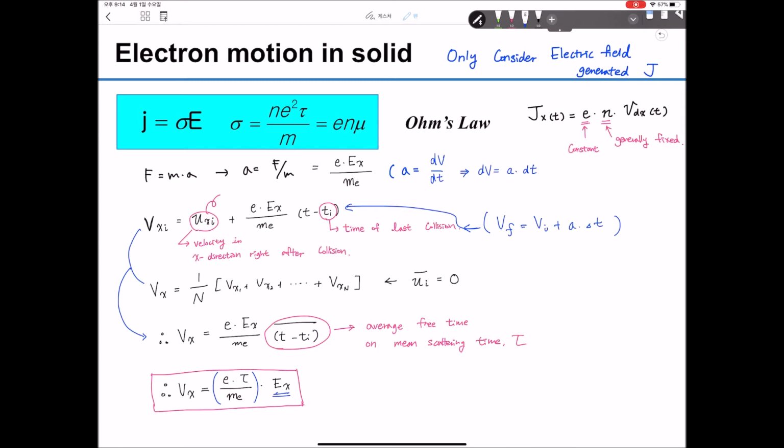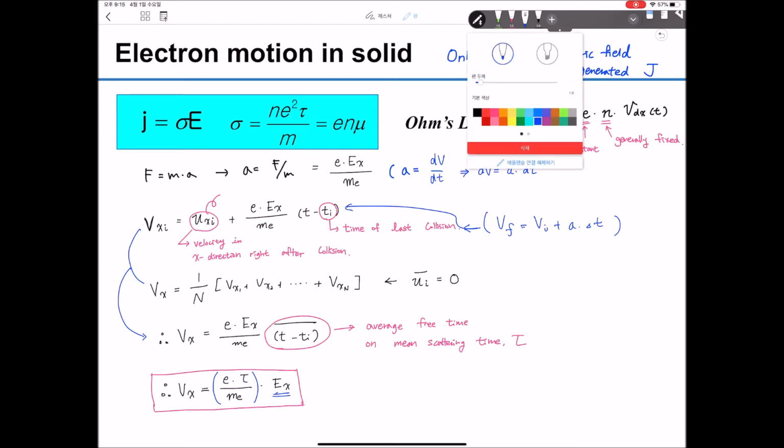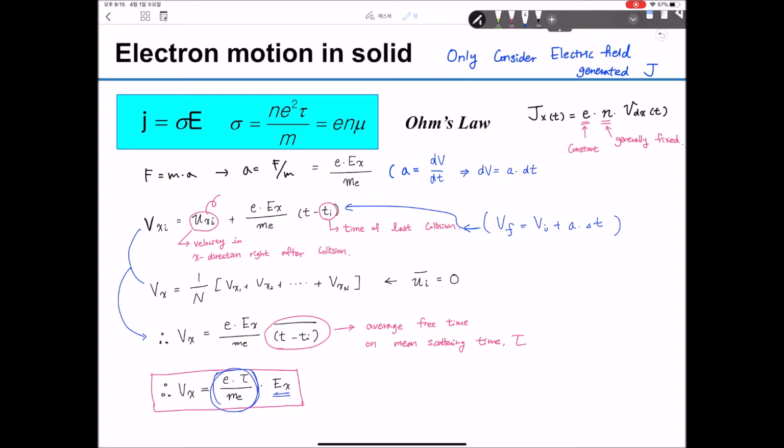So this term here can be written as mu d, which is E times tau over m_e, and people call this drift mobility, or the famous electron mobility, with the unit of centimeter squared over voltage times second.